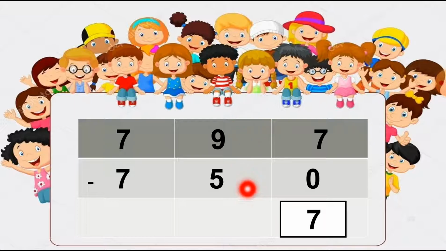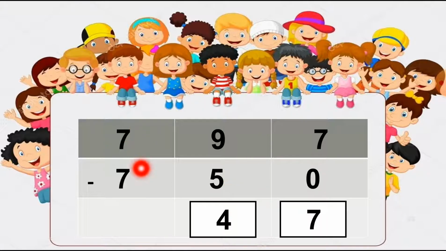Now the tens column, 9 minus 5. Here the bigger number is 9 and 5 is a smaller number. So we can easily cut 5 from this 9. So 9 minus 5 is equal to 4.